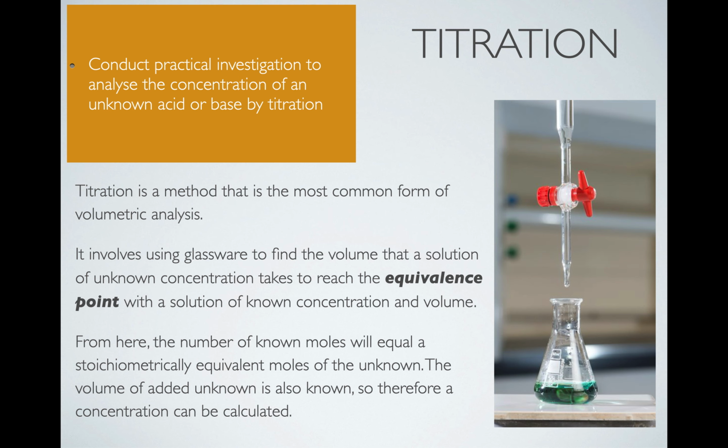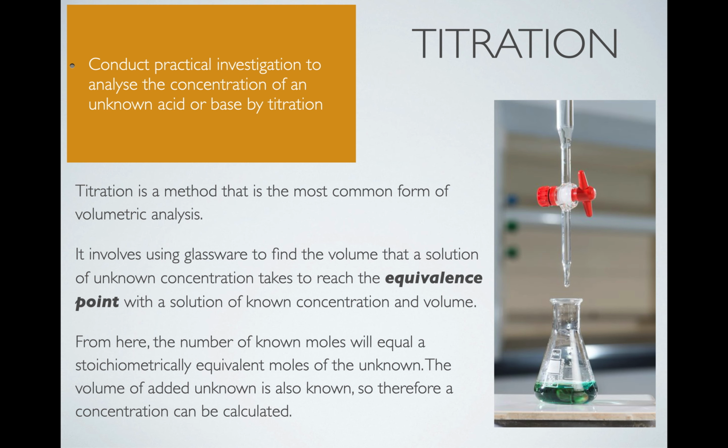Titration is the most common form of volumetric analysis. It involves using glassware to find the volume that a solution of unknown concentration takes to reach the equivalence point, where they're stoichiometrically equal, with a solution of a known concentration and volume. From here, the number of known moles will equal the stoichiometrically equivalent moles of the unknown.